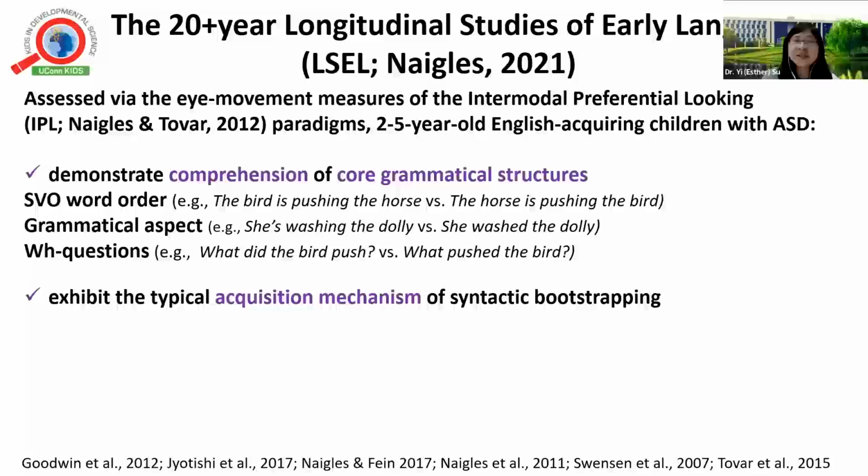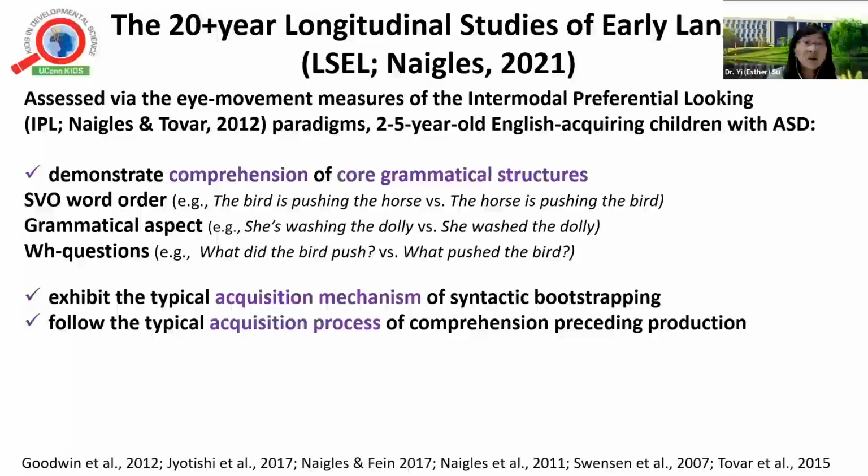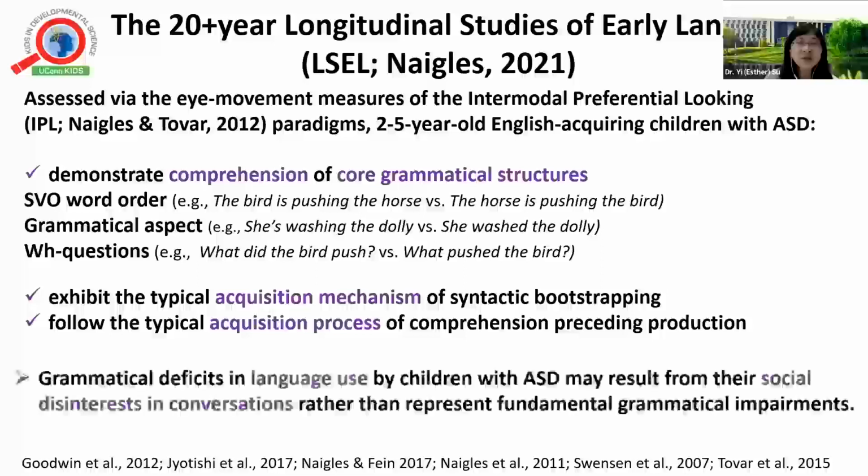They also exhibited the typical acquisition mechanism of syntactic bootstrapping, so children can use abstract syntactic frames to comprehend the meanings of novel verbs. And the children with ASD also follow the typical acquisition process of comprehension preceding production.